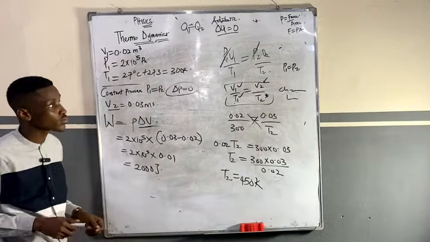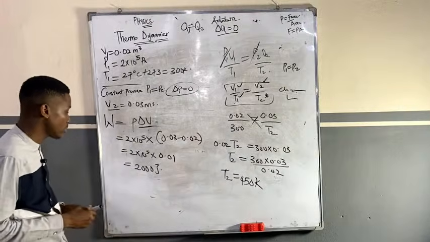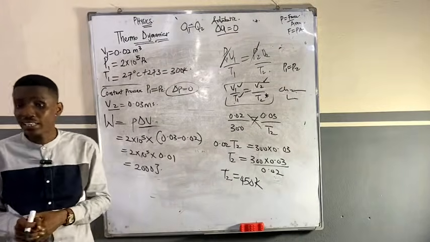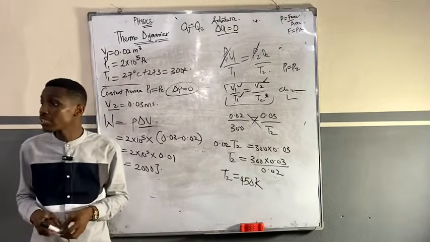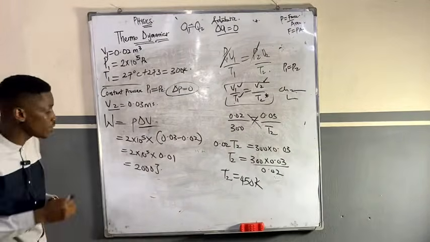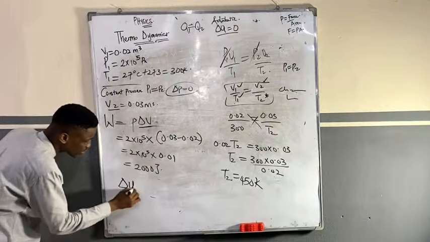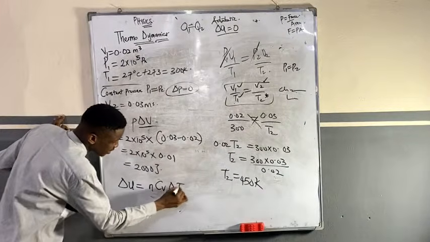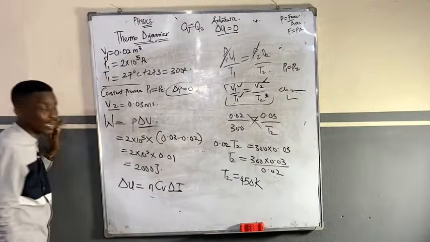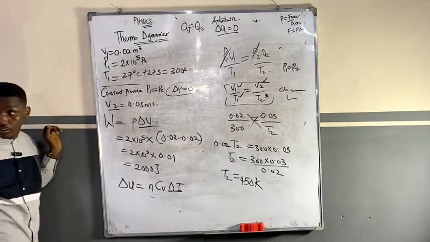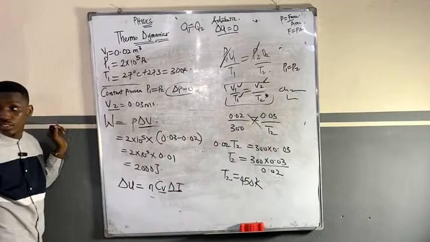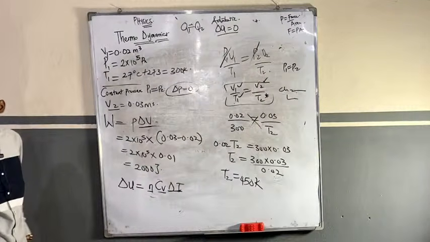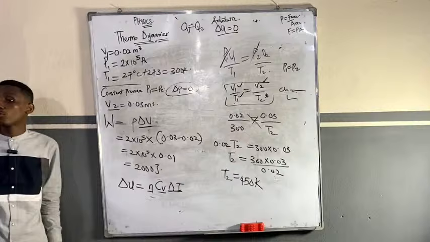Lastly, what was the last question? Internal energy. How do you find it? They ask for the increase in internal energy. Change in U is what? nCv change in T. Do I know my change in temperatures? I know initial and final. Do I know my Cv? Do I know my number of moles? How do you find number of moles? And please note, for number of moles, you don't have to change it to kilogram.